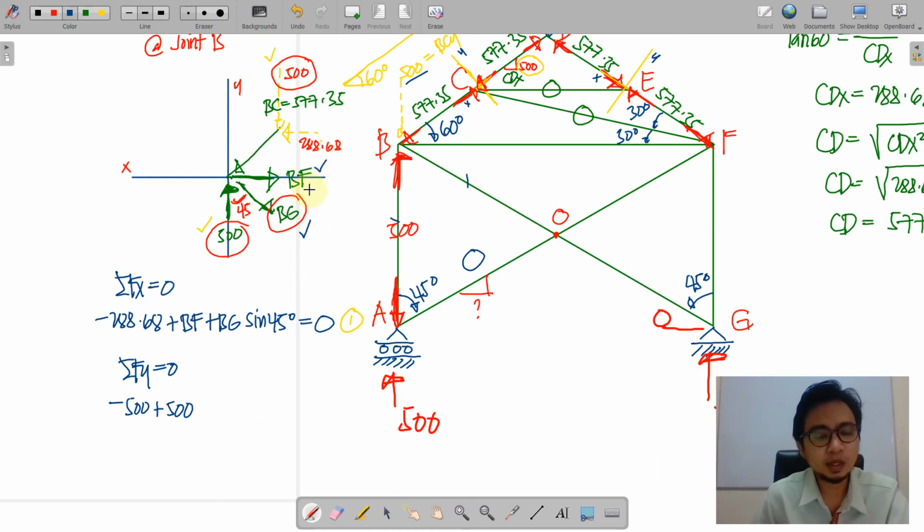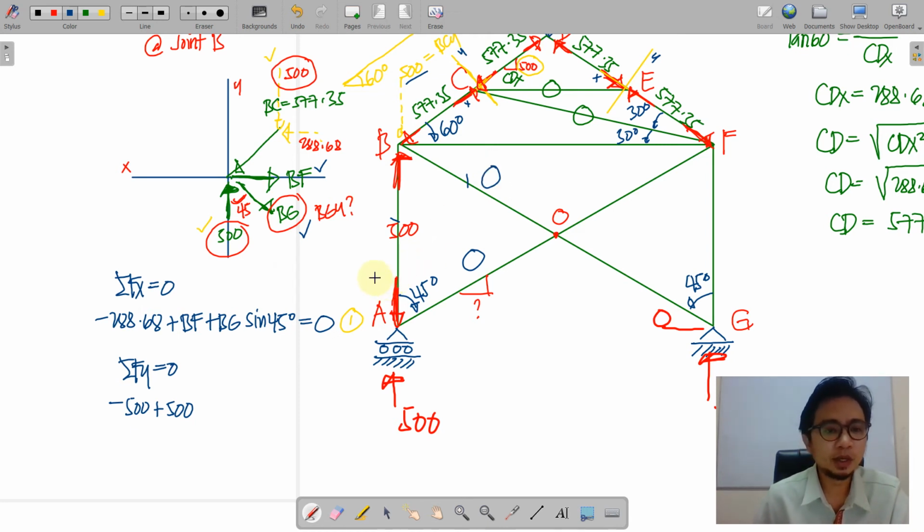Note that BF has no vertical component, I should say. So if we have a value for BGY, what is again the implication? It will cause imbalance to our Y. So therefore, BG should have no value. And again, this must be a zero force member.